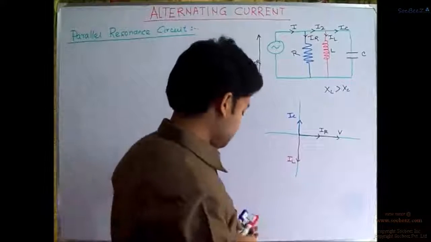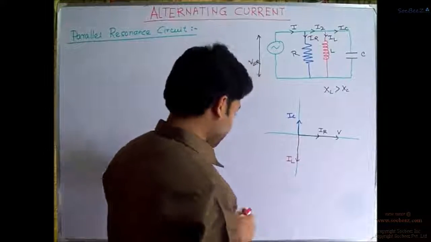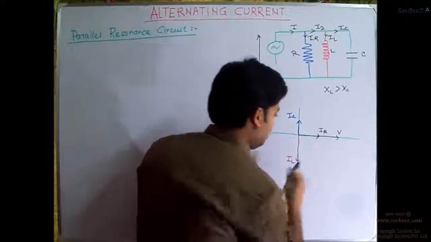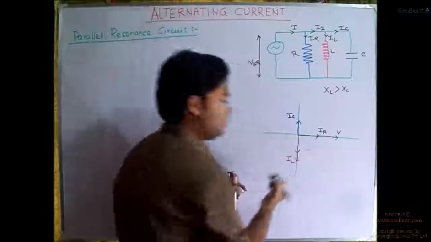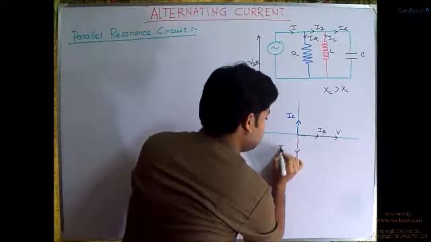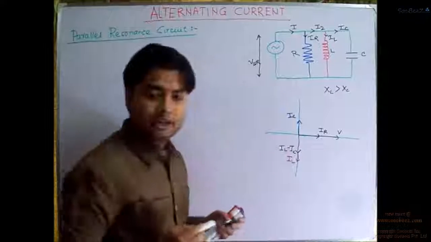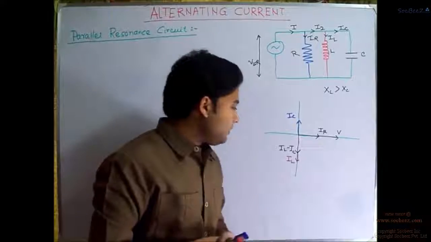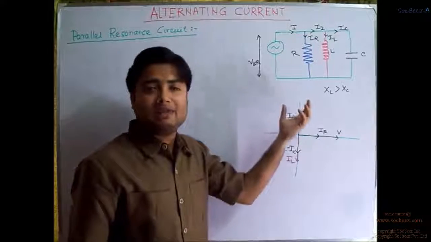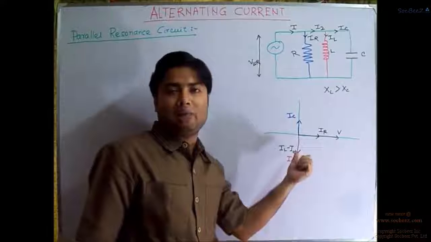So it will be IL minus IC. By the vector addition of IL and IC, we can see that it comes to IL minus IC.